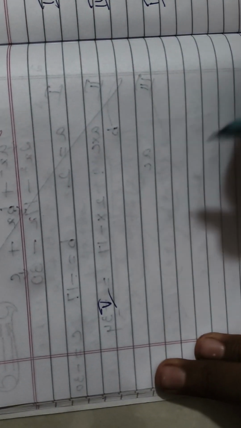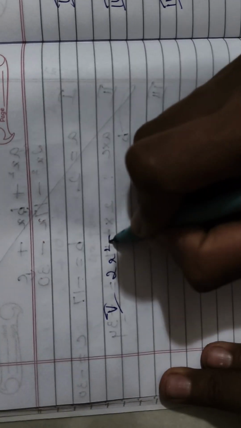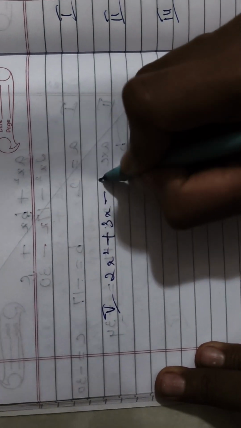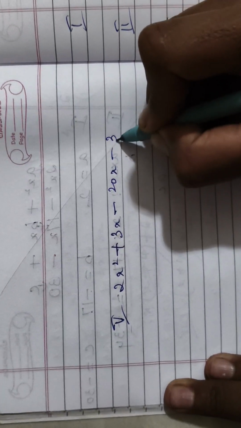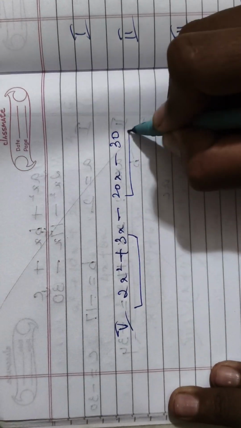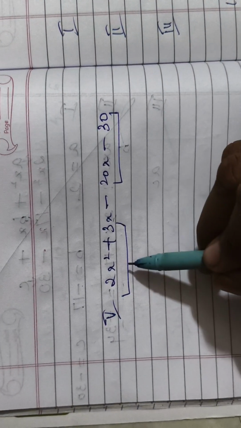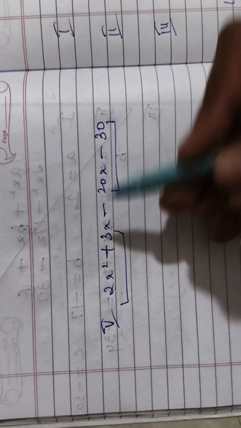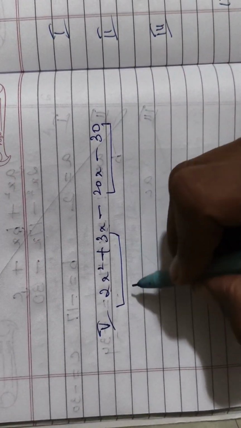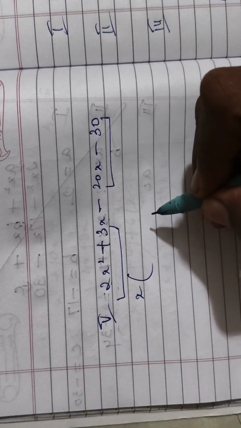So what is my fifth step? I'm going to write it again here: minus 30. I'm going to factorize two terms at a time, the first 2 terms, then the next 2 terms. So what is common in the first two? 2 and 3 don't have anything common, so my common factor is x. So I'm taking x out.